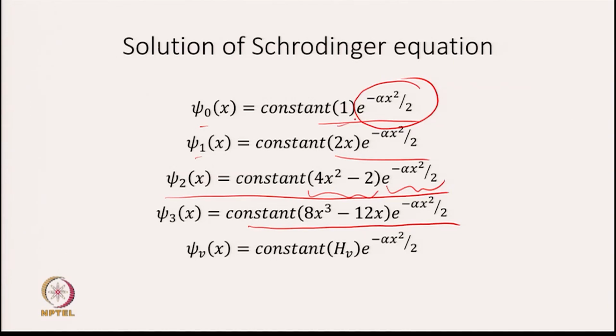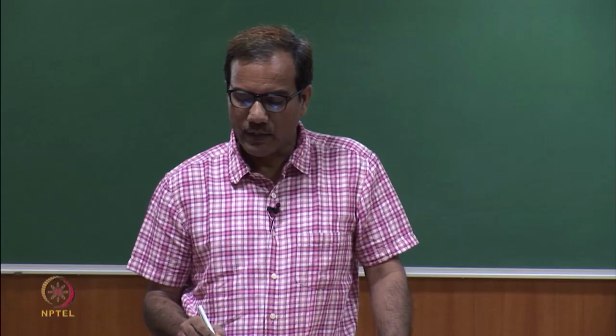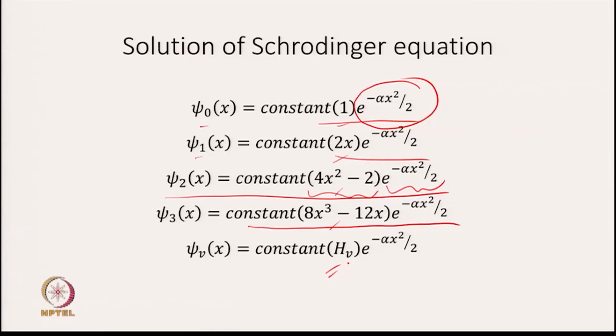In this case it is simply 1, and when V is equal to 1, this is 2x, when V is equal to 2, that is 4x square minus 2, and when V is equal to 3, this function is 8x cubed minus 12x. This function is denoted by HV, where H is known as the Hermite polynomial.